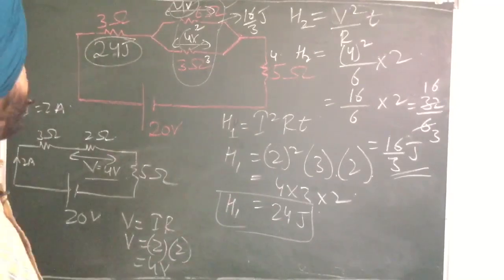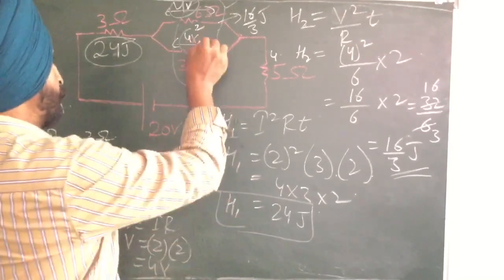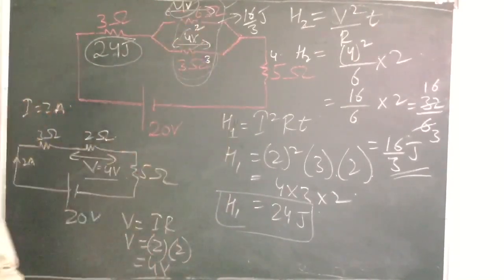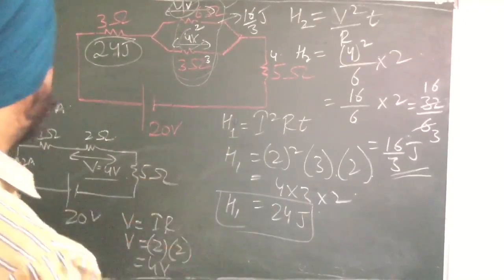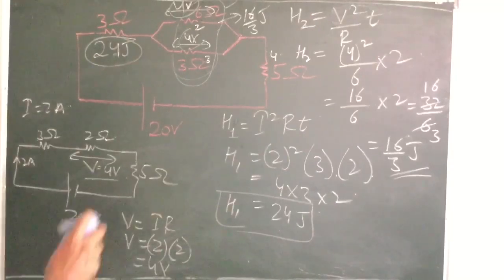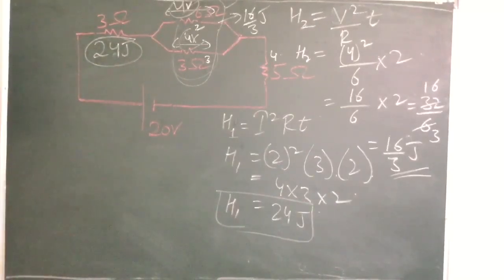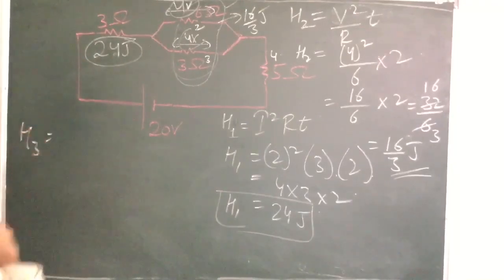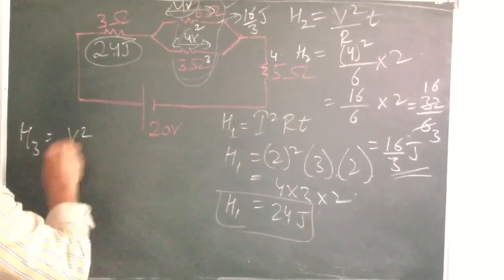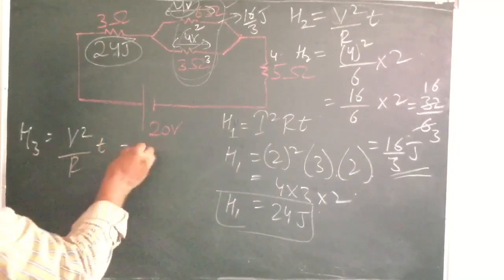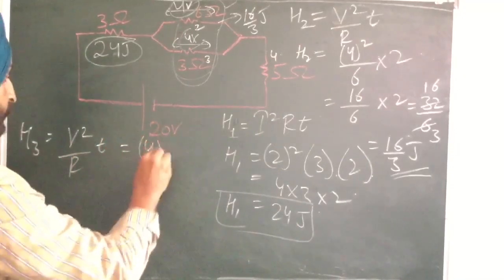So next proceeding to calculate the heat produced in resistor number 3, whose resistance is 3 ohm. So here also I will be using the same formula. So heat produced in the third resistor, it will be again V square by R into T. Voltage is of course 4.